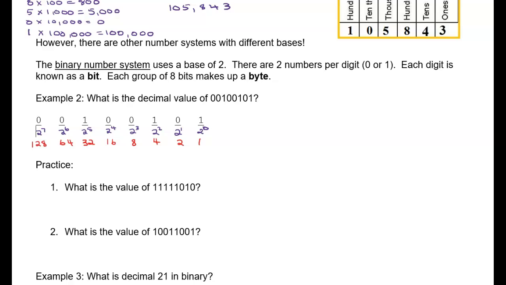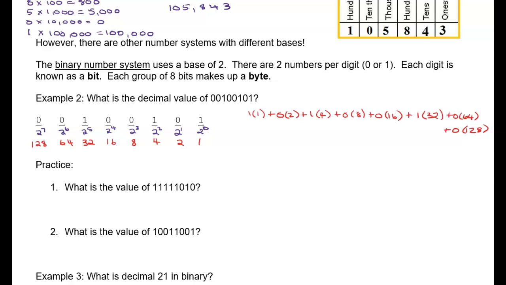I can rewrite this as 1 times 1, 0 times 2, plus 1 times 4, plus 0 eights, 0 sixteens, 1 thirty-two, 0 sixty-fours, and 0 one-twenty-eights. I'm just multiplying each of these.